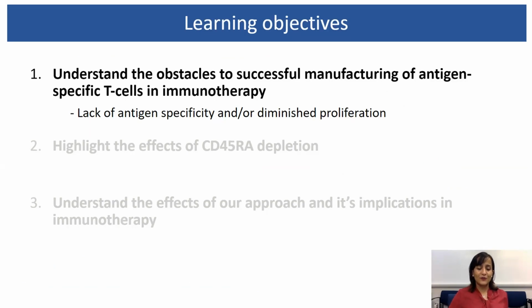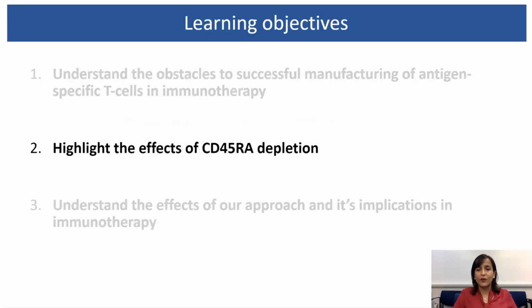So now that we know that we are able to effectively deplete CD45RA positive cells, and understand that lack of antigen specificity and or diminished proliferation is one of the obstacles to successful manufacturing of antigen specific T cells in immunotherapy, I want to touch on another point highlighting the effects of this RA depletion.